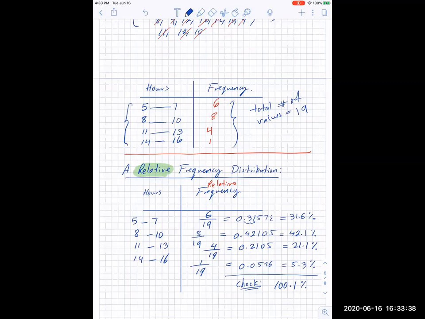So if you get 100.1, 100.01, something very close to 100, or 99.9, you're still good. You're still fine. Your numbers are good. This is just because of rounding. The 0.1 is okay because we rounded.